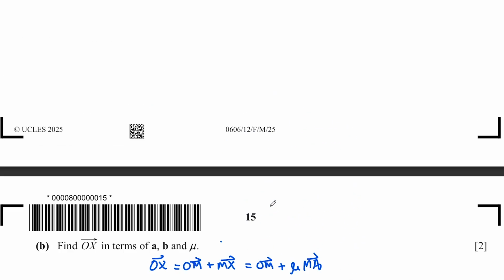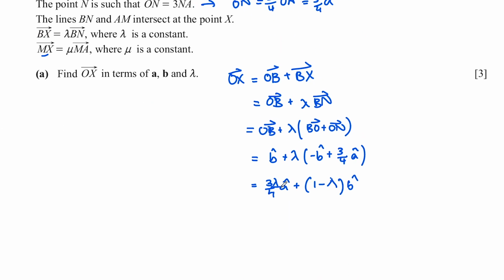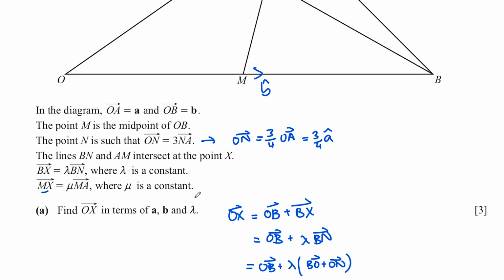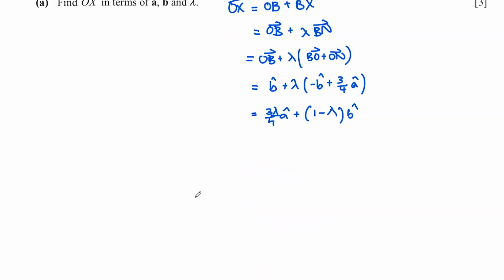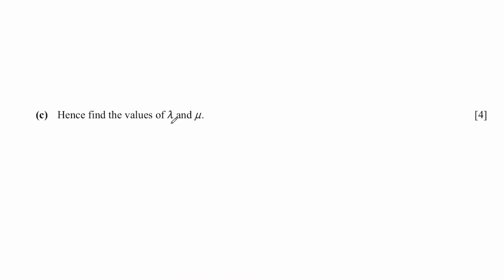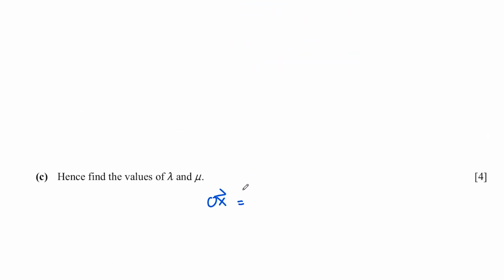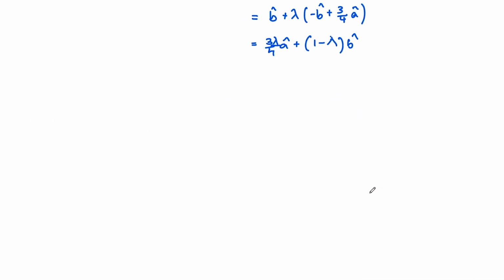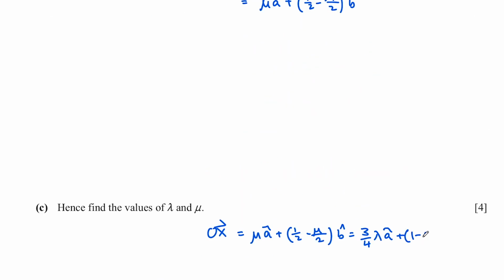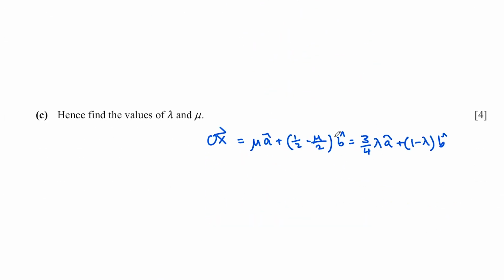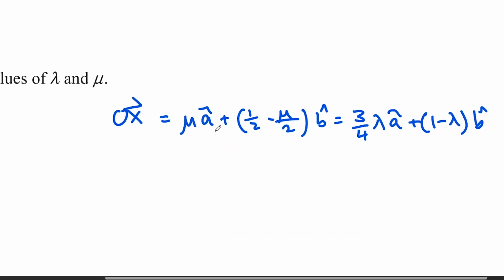Okay, so now we have two expressions for OX, and two unknowns, lambda and mu, which are both scalars. I think we are able to solve for lambda and mu now. OX will be equal to, first I'll write in terms of mu, then in terms of lambda. For vectors, we can equate in their respective unit vector direction.